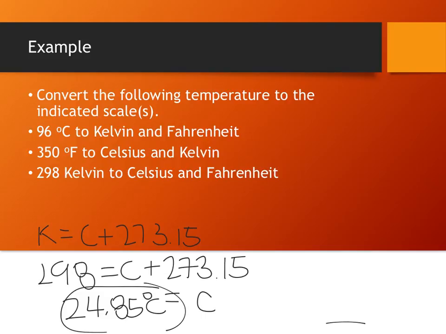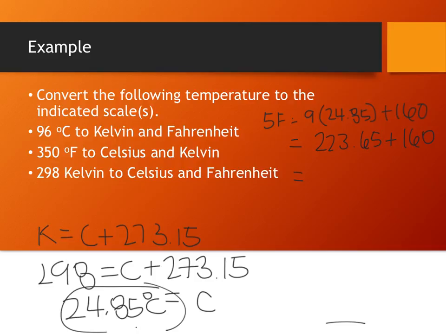Now that we have a Celsius, we can actually plug that in to get our Fahrenheit. So we have 5F is equal to 9 times 24.85 plus 160. Okay, when we multiply that out, we get that equals 223.65 plus 160.